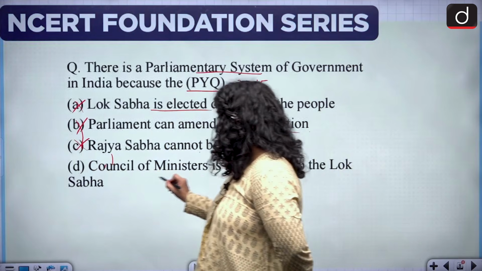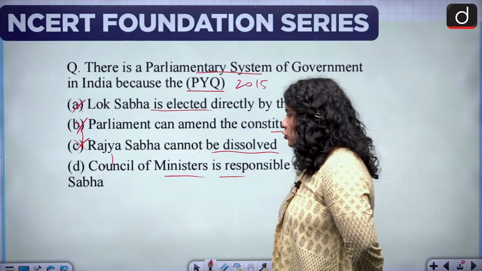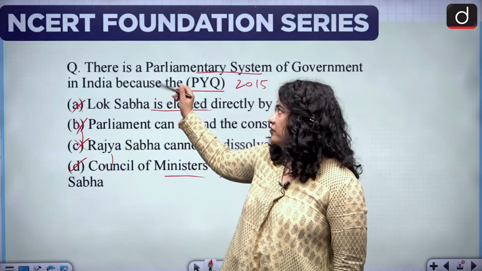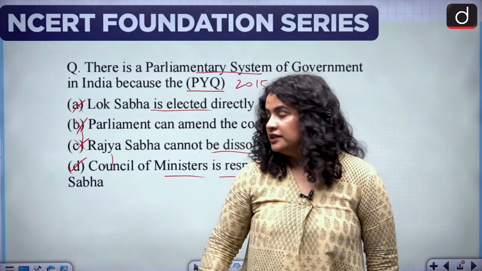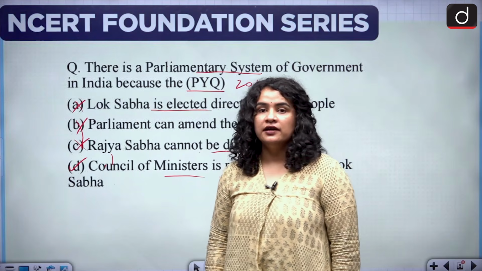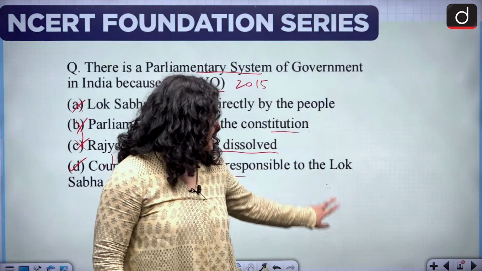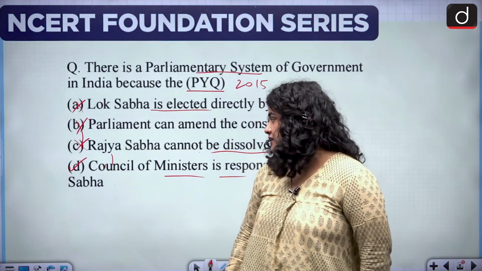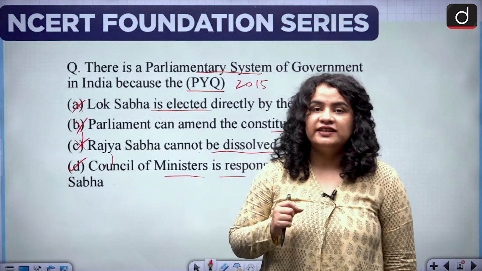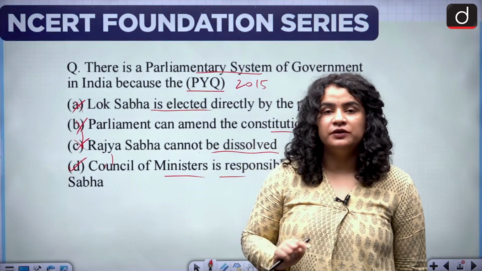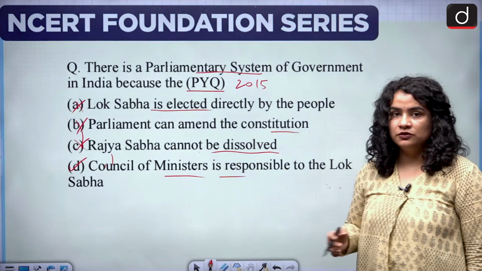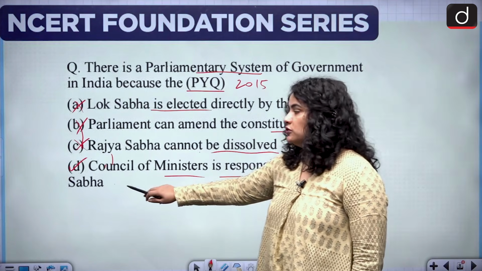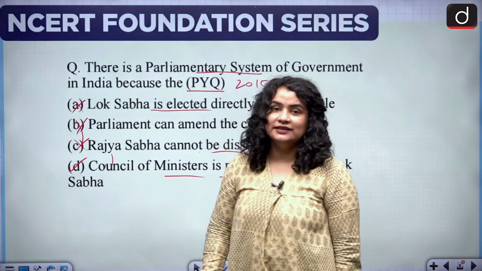Option D says Council of Ministers is responsible to the Lok Sabha, and this in fact is the primary or the essential reason why we have a parliamentary system in India. This was also envisioned by our founding fathers of the constitution, wherein they realized that in order for people's aspirations and needs to be met, the executive had to be vested with strong powers, but they also had to be responsible and accountable to the people, and this would happen by their collective responsibility to the Lok Sabha, which is elected directly by the people.